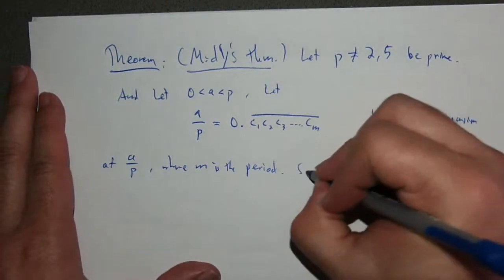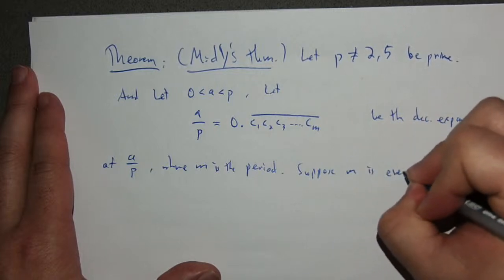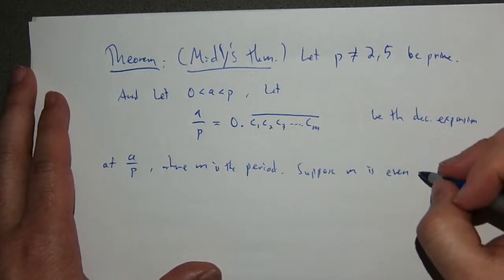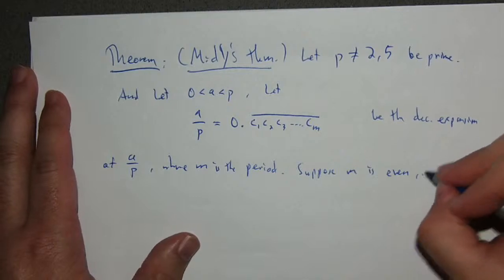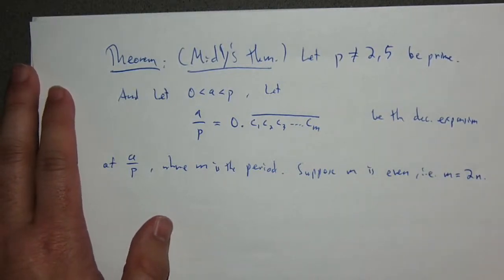Okay. So then suppose m is even. Well, in order to be able to split this in half, it needs to be even, right? I.e. m is equal to 2n. Okay.